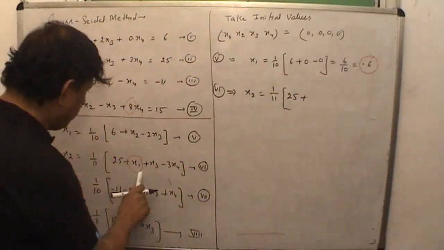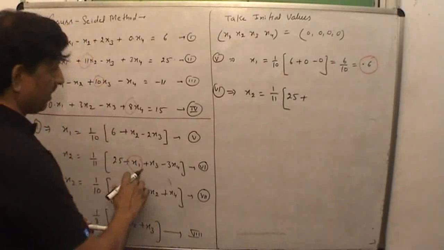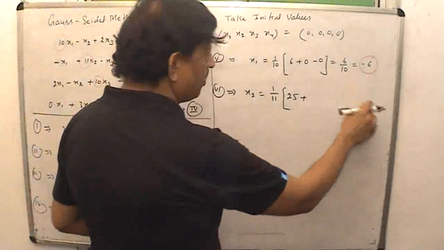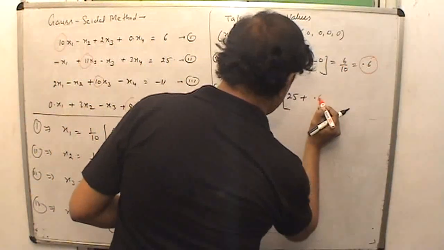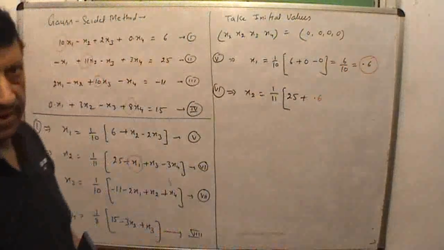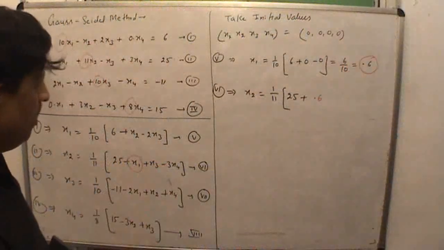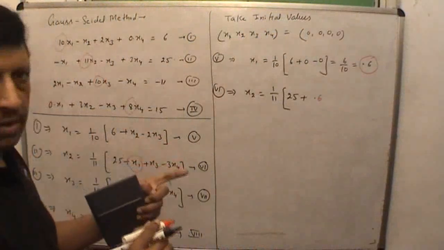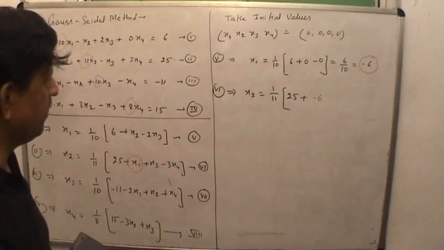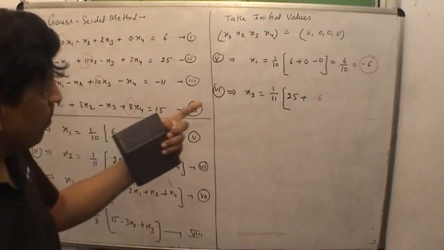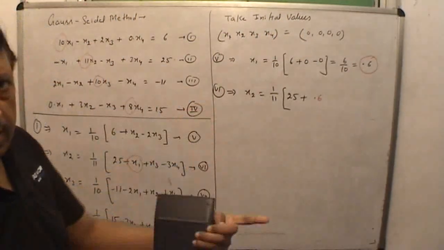Here we consider the value of x1 which is calculated in this step, that is 0.6. That is the difference. In the Gauss-Seidel method, we use the newly calculated value in the same step, but in the Gauss-Jacobi method, we use the values in the next step.